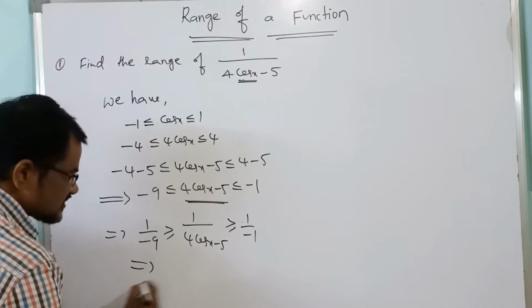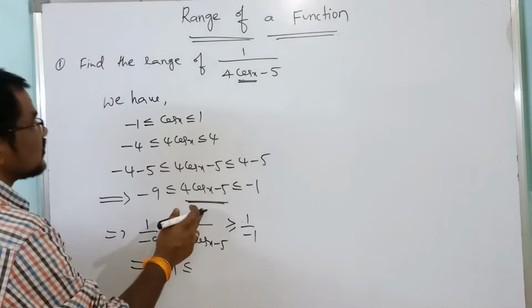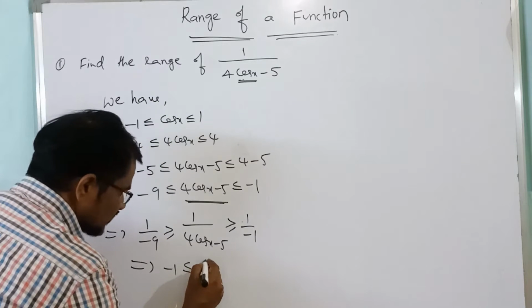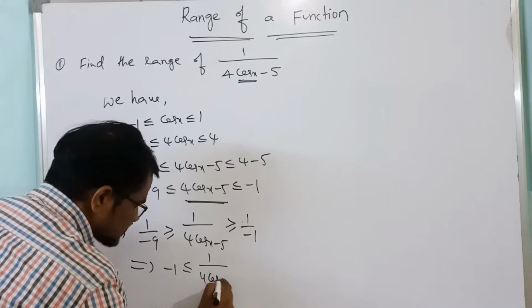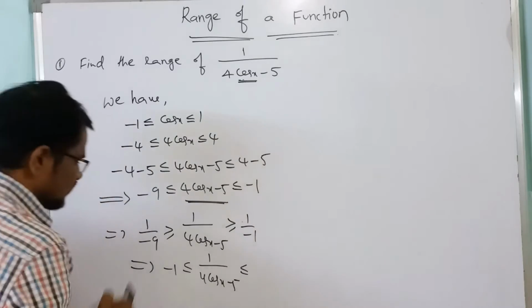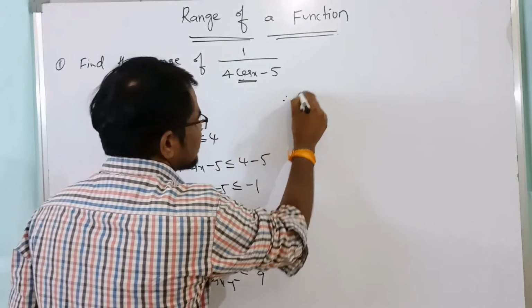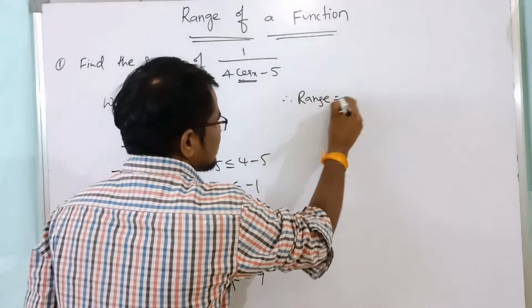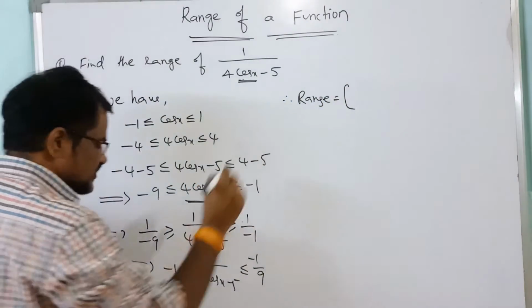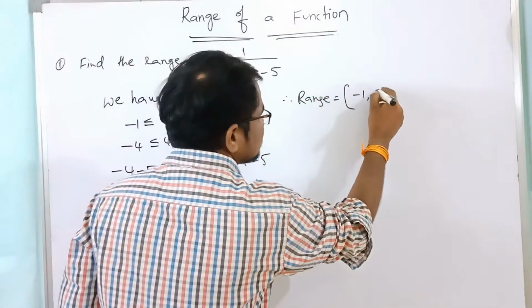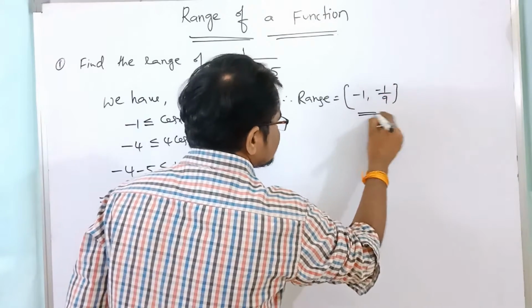That implies minus 1 less than or equal to 1 by 4 cos x minus 5 less than or equal to minus 1 by 9. So therefore the range of the given function is the closed interval minus 1 to minus 1 by 9.